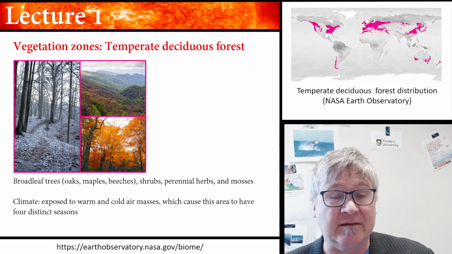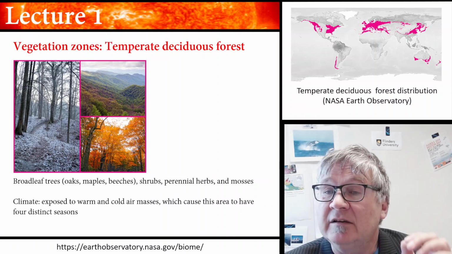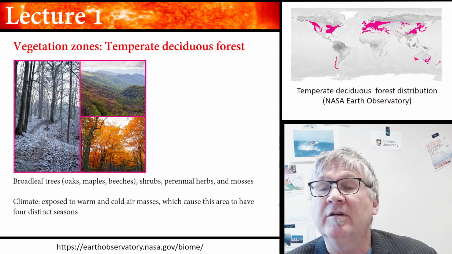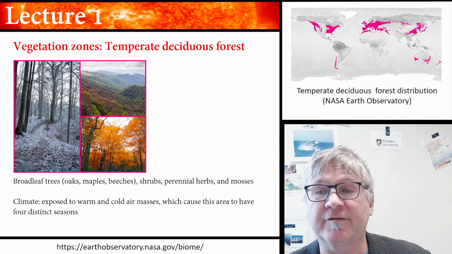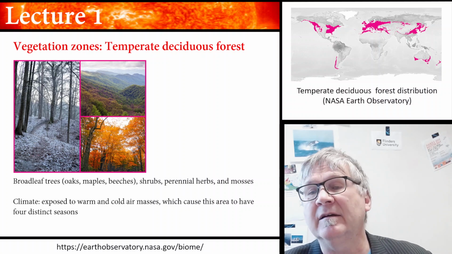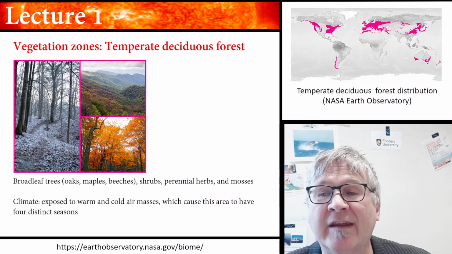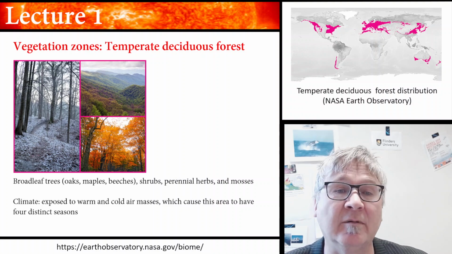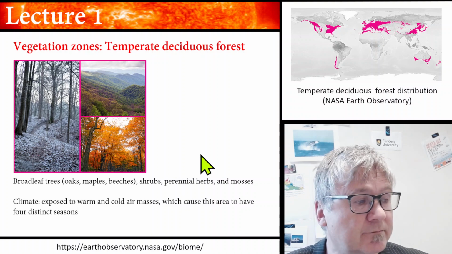Warm and cold, and that gives rise to that special type of temperate forests. And you can see again the distribution, mainly in mid-latitude northern hemisphere. Okay, you find this type of vegetation zone.